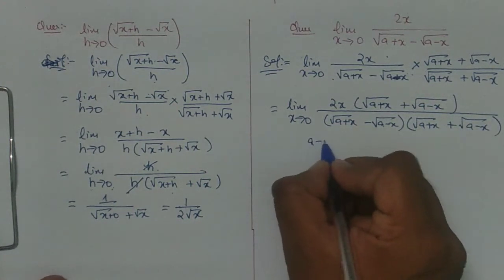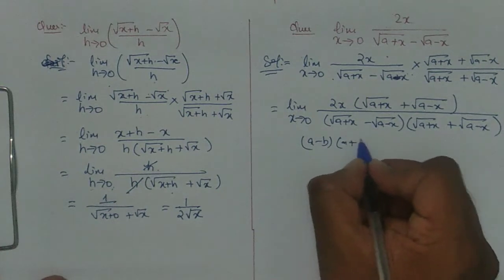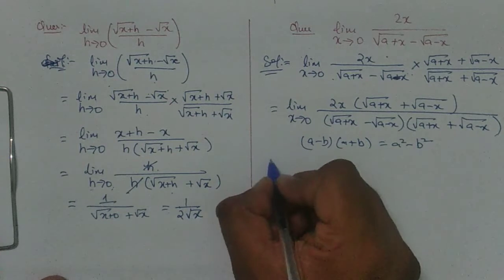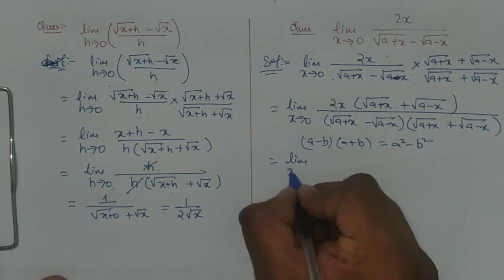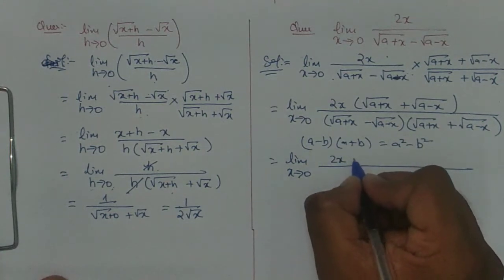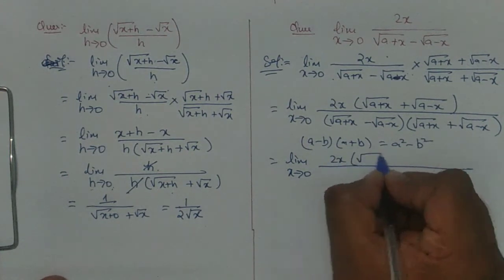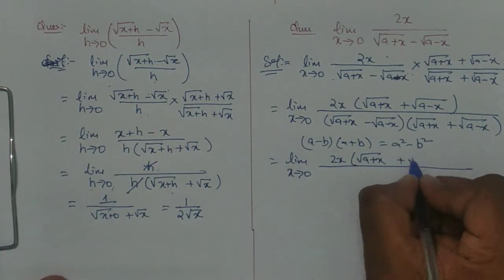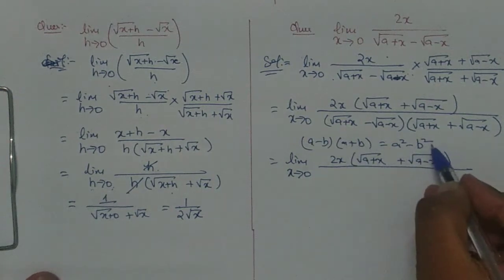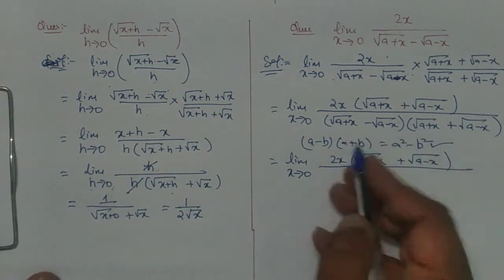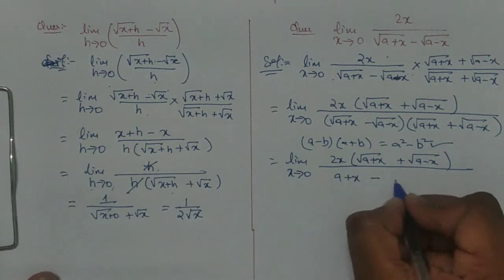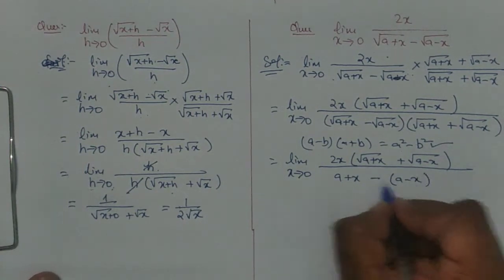Now we know that a minus b into a plus b is equal to a square minus b square. So limit x tends to 0. The numerator part will remain the same, 2x into root a plus x plus root a minus x. But what happens in the denominator? In the denominator, we will apply this formula. So it will be equal to a plus x minus a minus x.